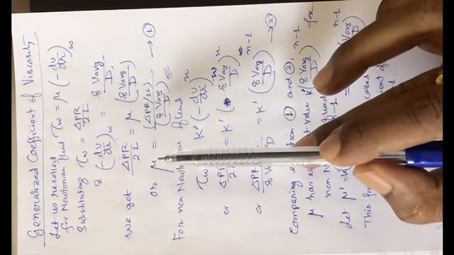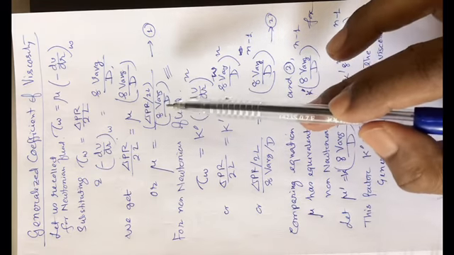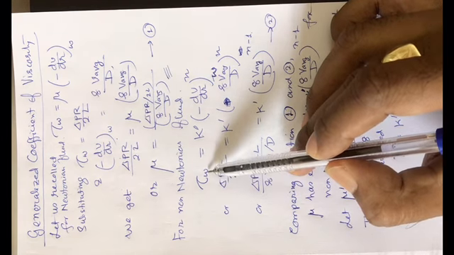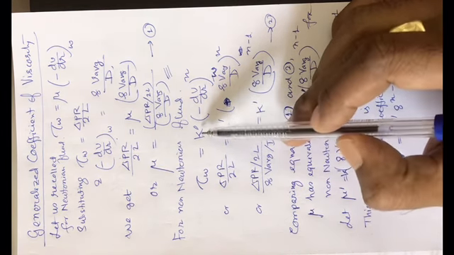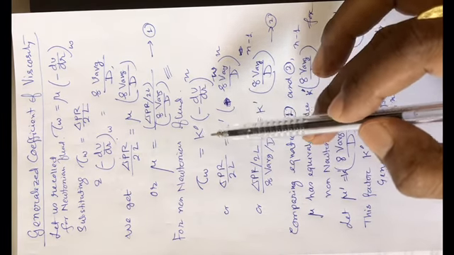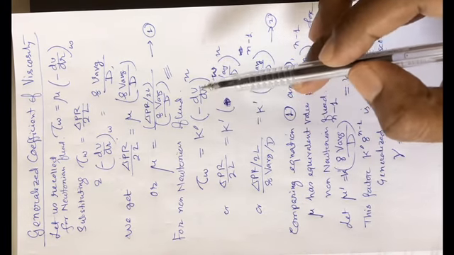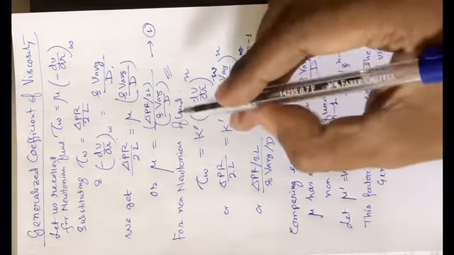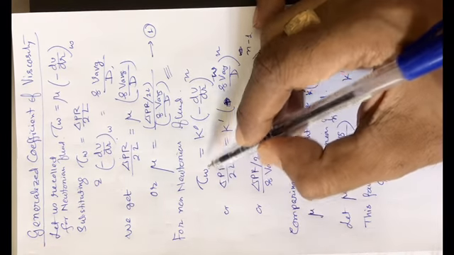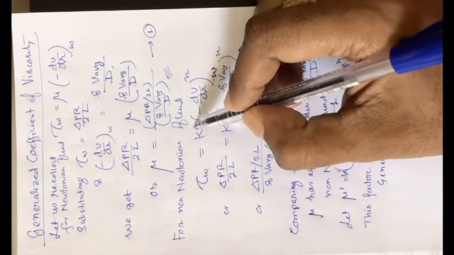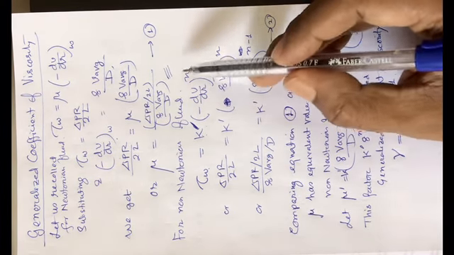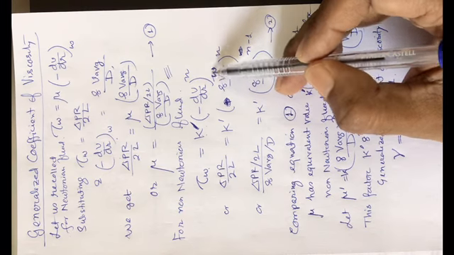Now, what will be the ratio of these two terms in the case of a non-Newtonian fluid? Tau w will be, as we have just seen in the previous page, k prime into minus dv dr at the wall, this is the shear at the wall.